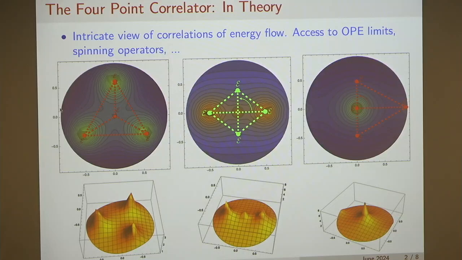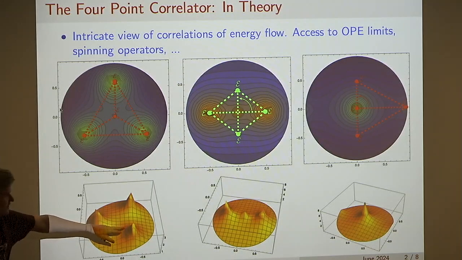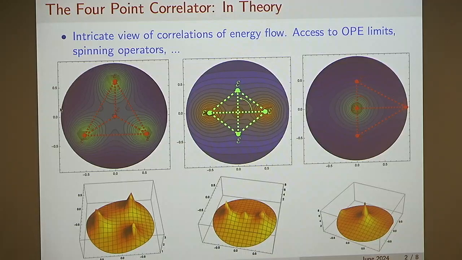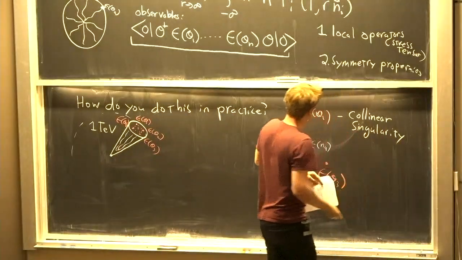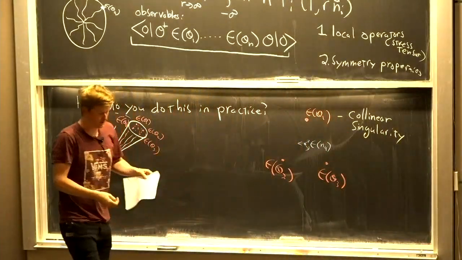Does anyone know the name of this singularity, or what this is showing you, the fact that it's very peaked as you bring 2 of these together? Yeah, so this is a collinear singularity. And you can very nicely see it inside the structure of these operators.